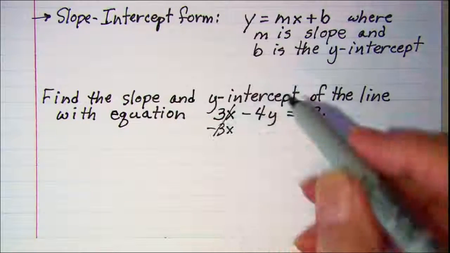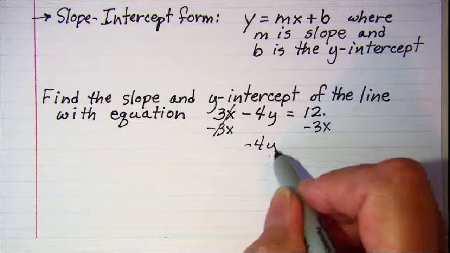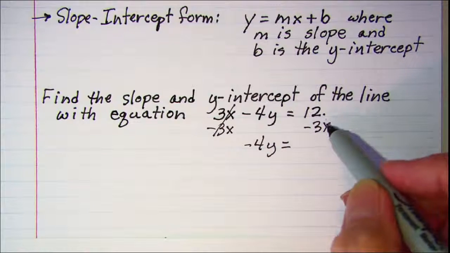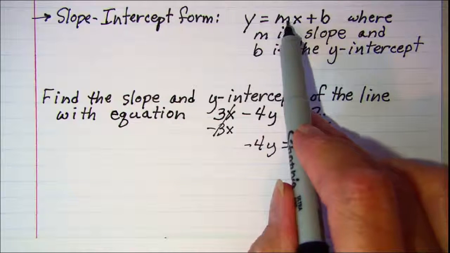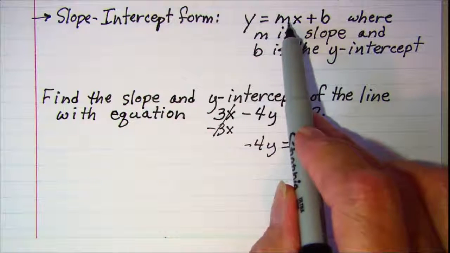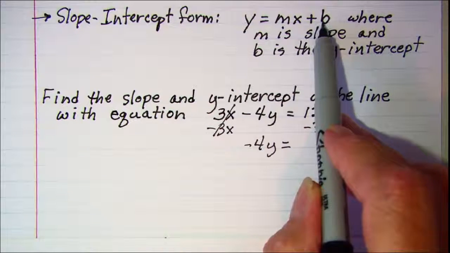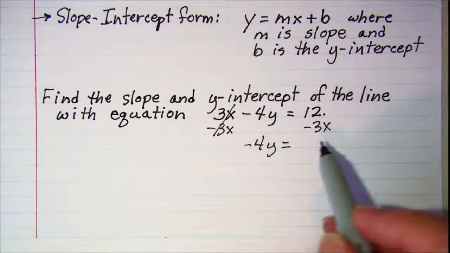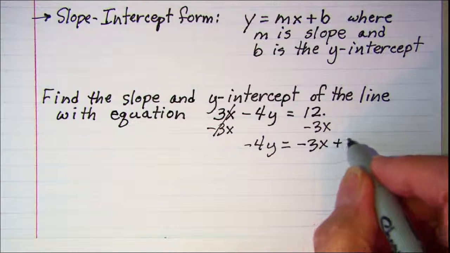These will cancel, and on the left side I'm left with negative 4y equals, and then I'm going to write this negative 3x first because my x term in slope-intercept form is first, and then my constant is after that. So I'm going to write negative 3x plus 12.